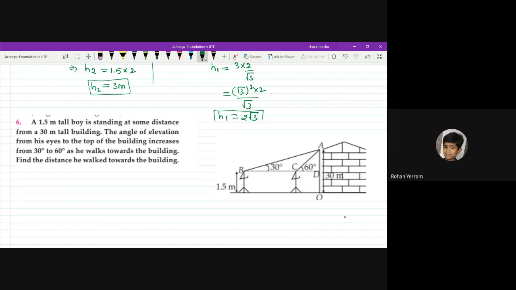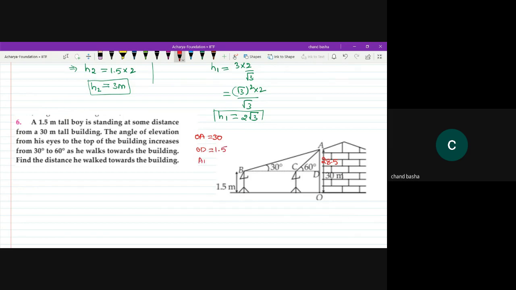Opposite will be 29. Is this value 28.5? OA is given to you, equal to 30. Next, OD is equal to 1.5.